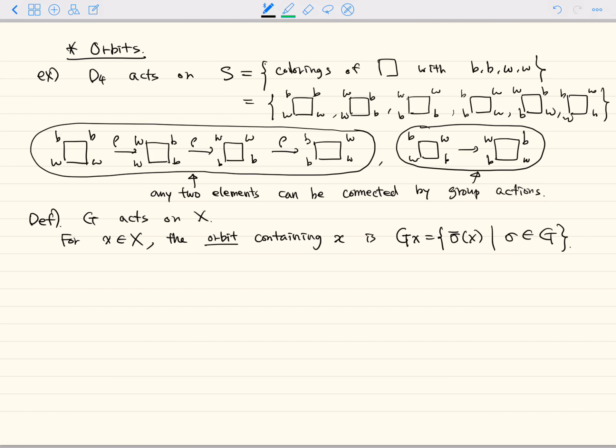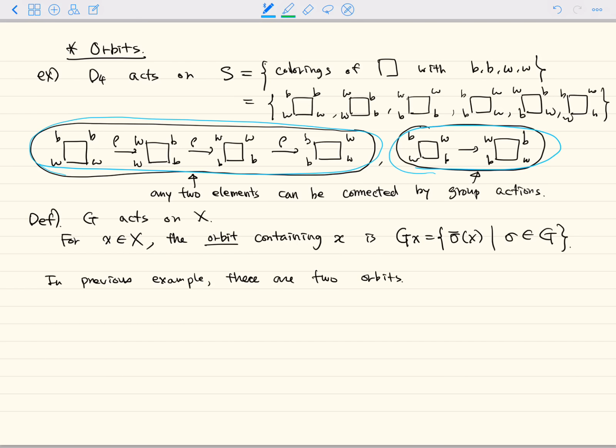Okay. So in the previous example, there are two orbits. One orbit has 4 elements and the other has 2 elements in it. And you can see they cover all the elements here. These are 2 orbits, one over here, another over here, and they cover the whole set S, and they don't intersect at all.